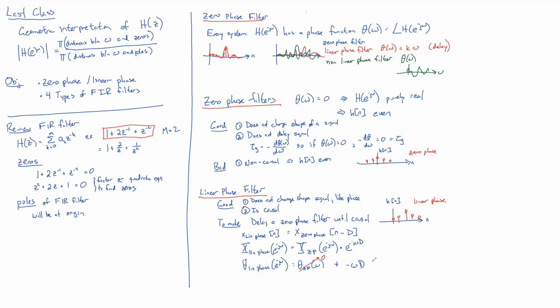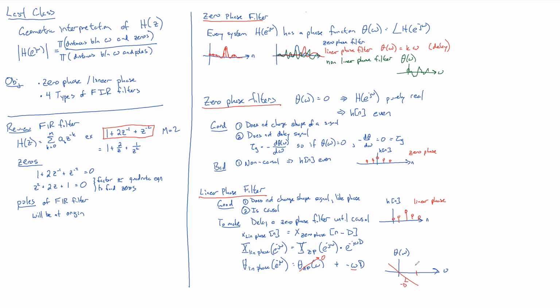And this is why we say it's linear phase in omega. If we were to graph this thing, it is a constantly decreasing phase with slope minus d.